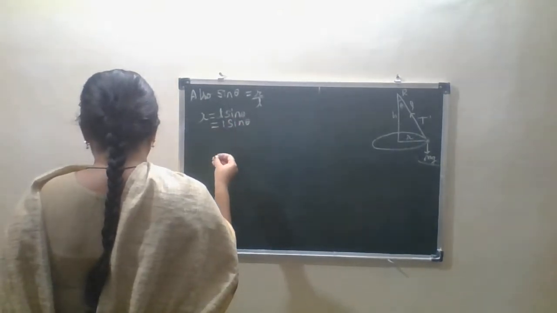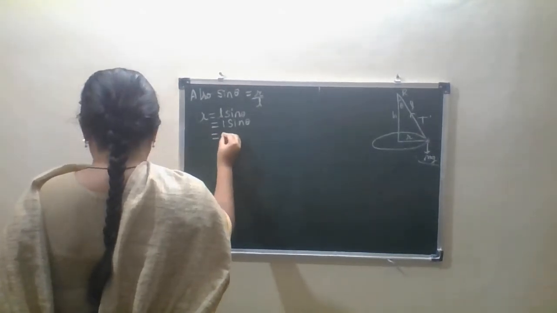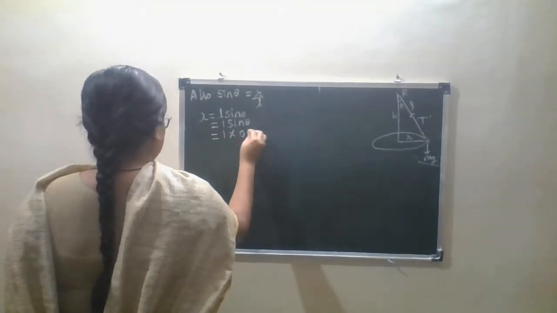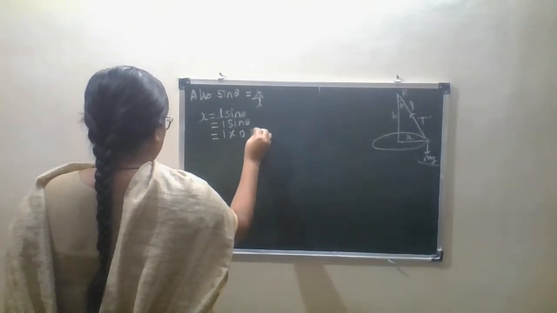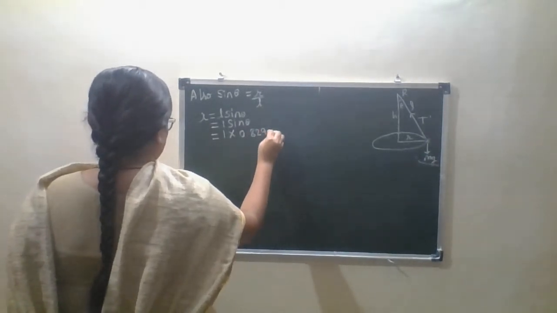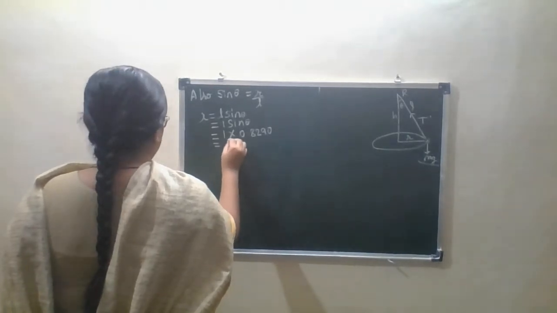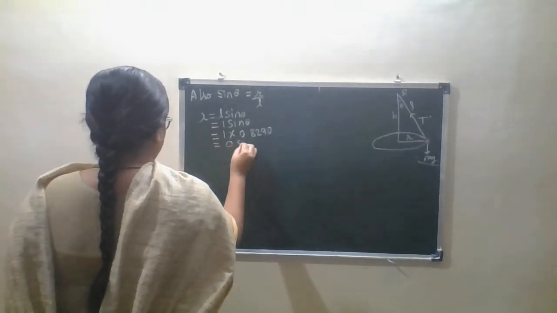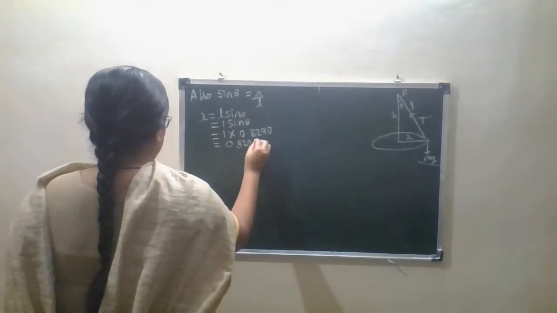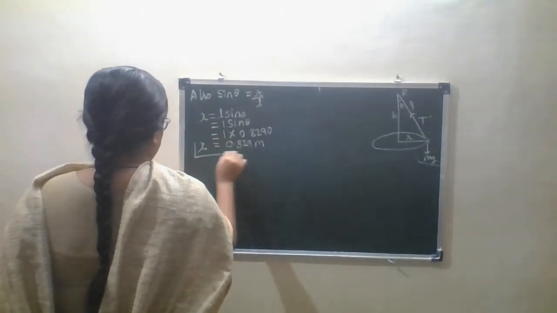Then the radius will be 1 into 0.829, which is equal to 0.829 meter. This is the value of the radius.